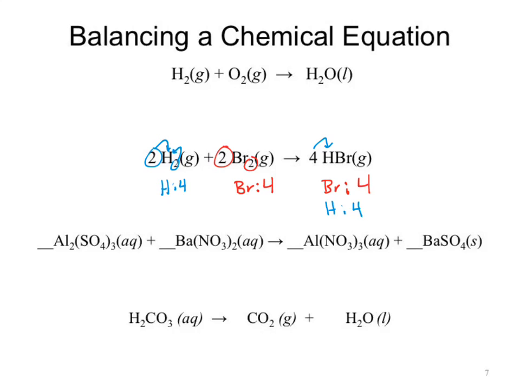Step number 7 was the smallest whole number coefficients. What can we do? Divide everything by 2. Your answer is actually H2 plus Br2 goes to 2HBr. I had to force this balancing to get this issue to show up.